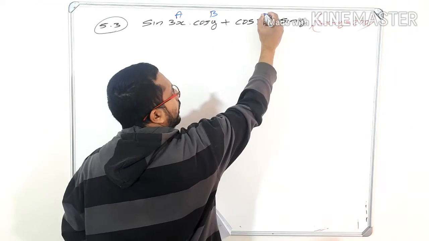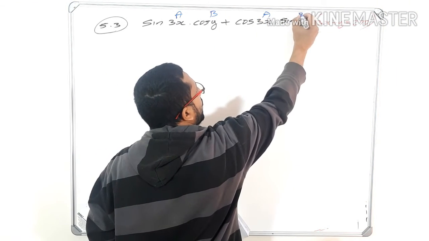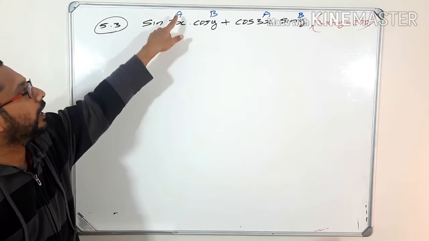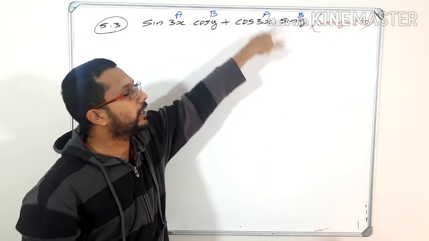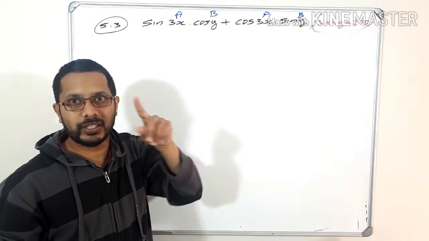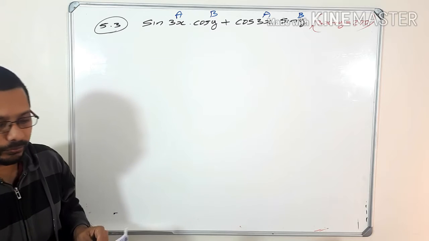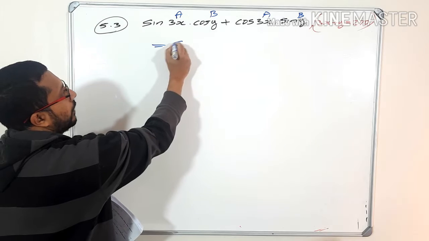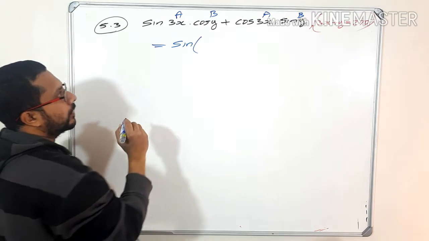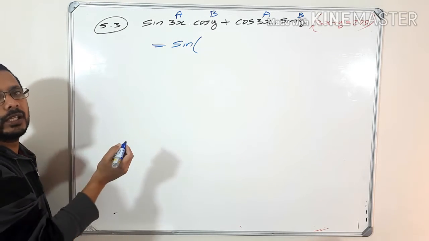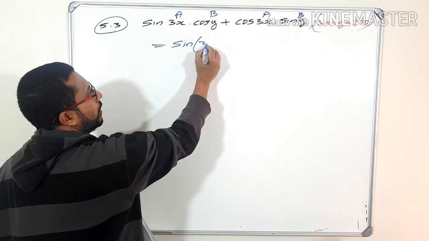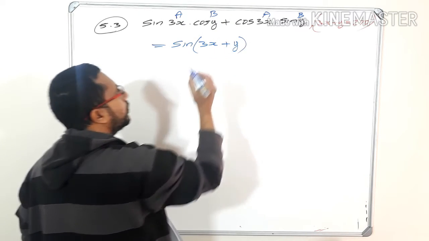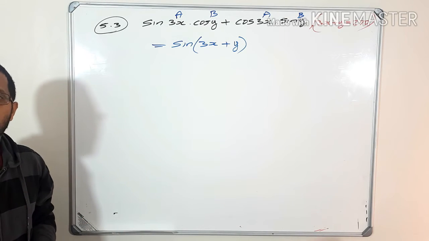Now read it with a and b: sin a cos b plus cos a sin b. You know that one. What is that? Sin of a plus b. Am I right? What are a and b here? a is 3x and b is y. So sin of 3x plus y.